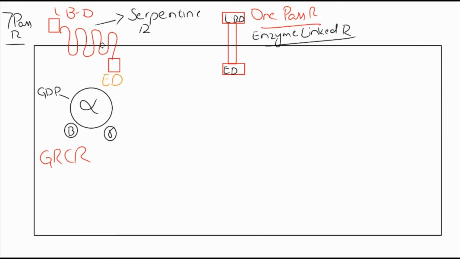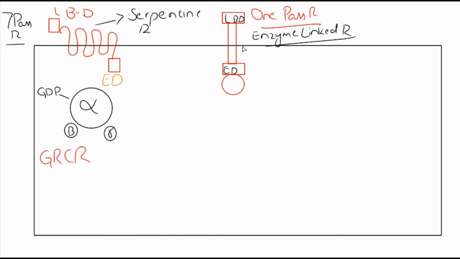As you can see, in G protein coupled receptors, a ligand is attached with the ligand binding domain, and the effector domain is attached with a G protein. While in 1-pass receptors or enzyme linked receptors, the effector domain is specifically attached with an enzyme. Let me show an enzyme. This is called an enzyme, and this enzyme is attached with the effector domain, and that is why they are also called enzyme linked receptors.